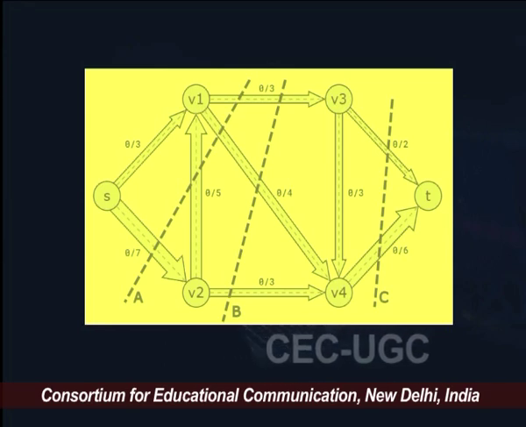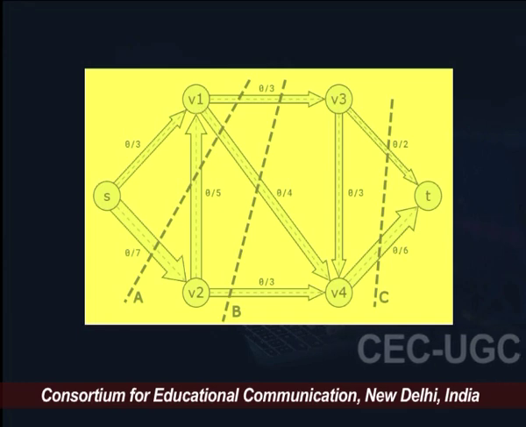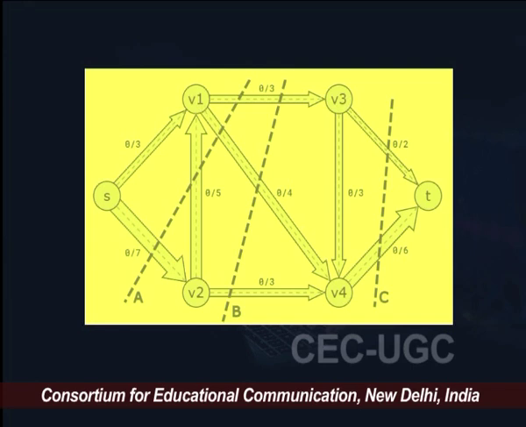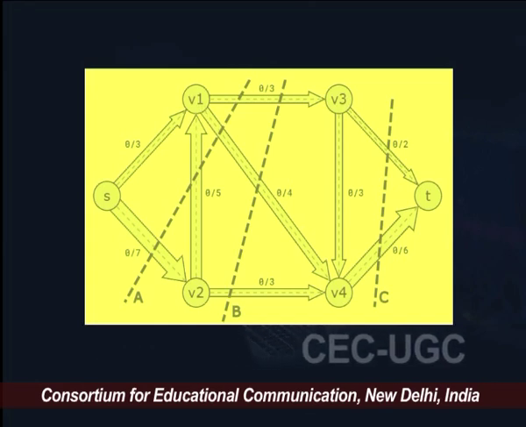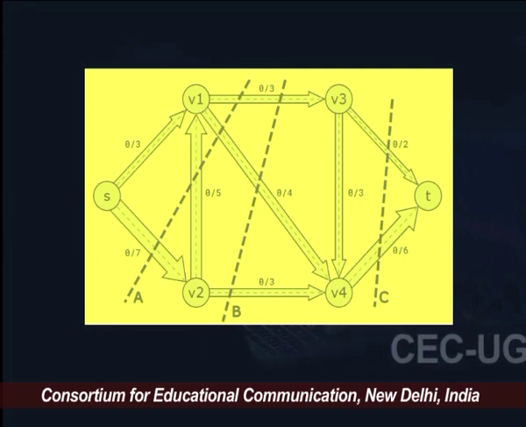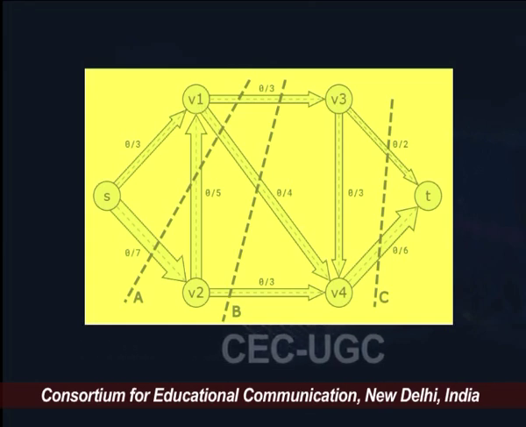We keep on expanding, and then we include V2 also in the set S. So S, V1 and V2 are on one side, and V3, V4 and T on the other side, and as you can see, this is our cut B. And then if we keep on expanding, maybe in 2 other steps we can have V3 and V4 also on the side of S, and only the sink vertex T on the right side of the cut, which is nothing but the cut C. So cut A has S and V1 in one direction, V2, V3, V4, T on the other.